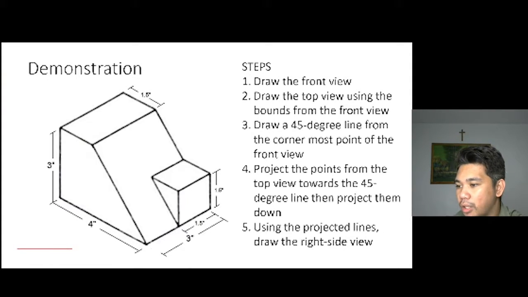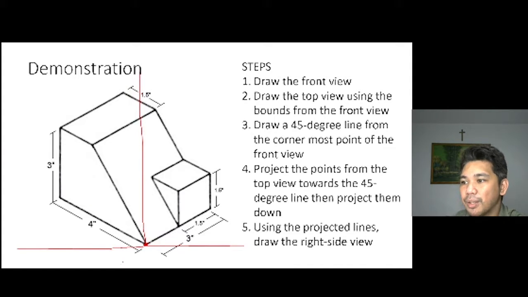Can you see this vertex here? That's our midpoint. We will create a line along the base, and then a vertical line at 90 degrees, so we will divide it into left and right.